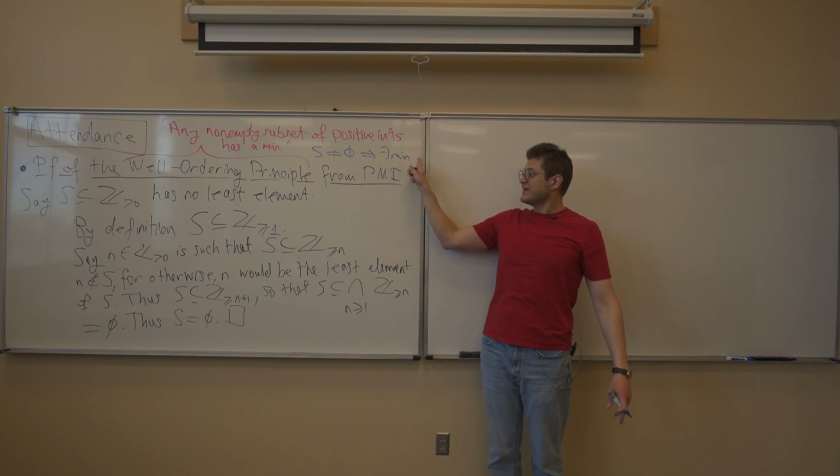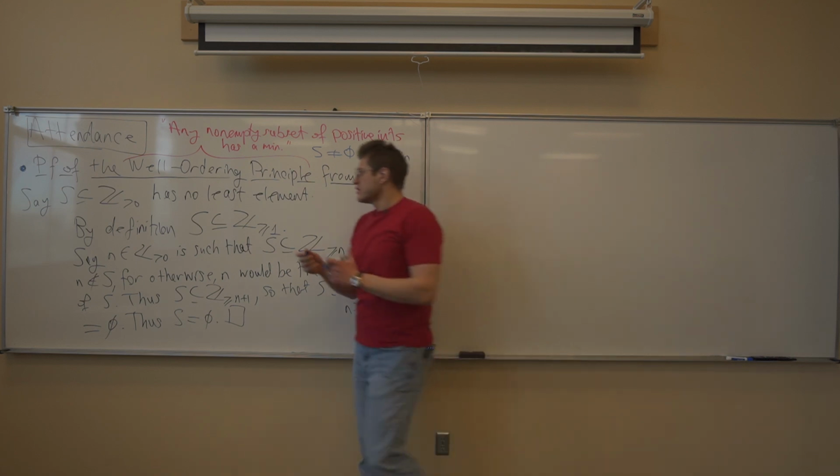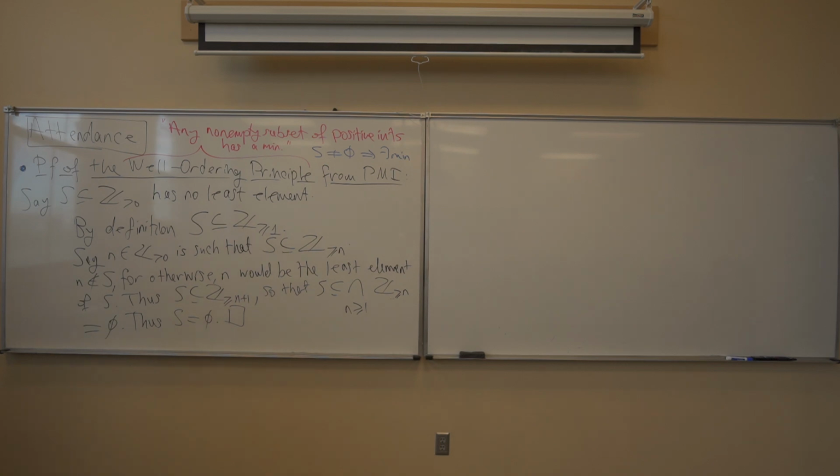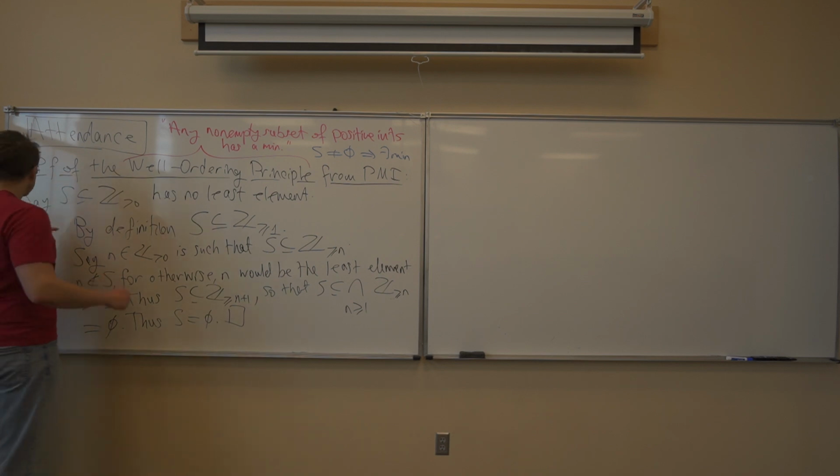That is to say, it doesn't have a least element. So I'm really starting a proof by contrapositive. Obviously, it doesn't matter what these are called, but since we're thinking about these things, I thought it would be good. So the general proof, the big proof, is a proof by contrapositive.